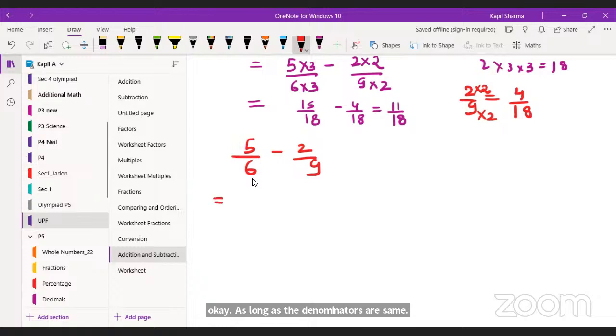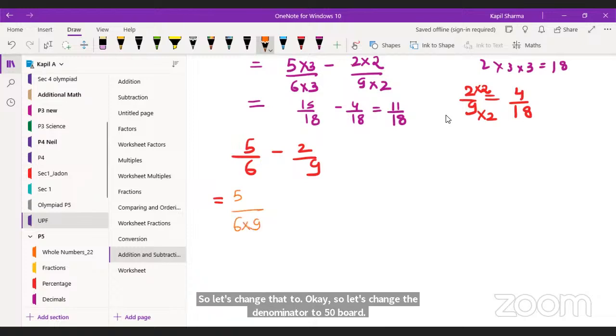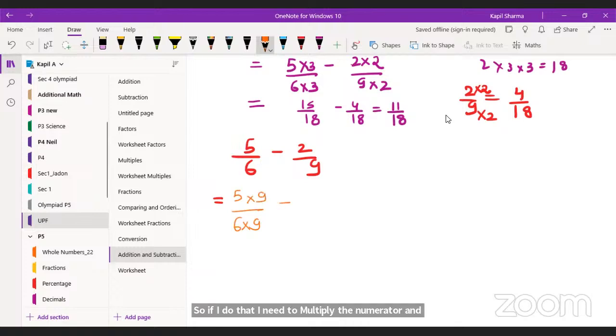So she thought that 54 is a common multiple of 6 and 9. So let's change the denominators to 54. If I do that, I need to multiply the numerator and denominator of the first fraction by 9, and the second fraction by 6. This is perfectly fine.